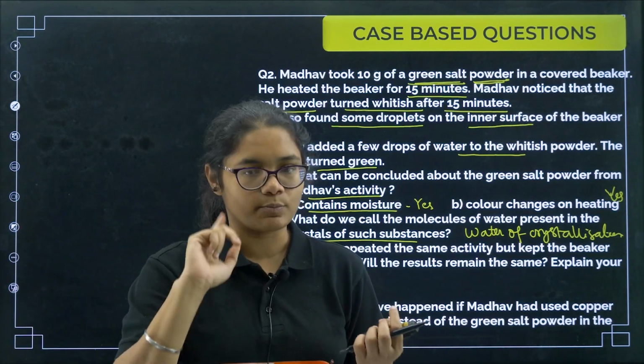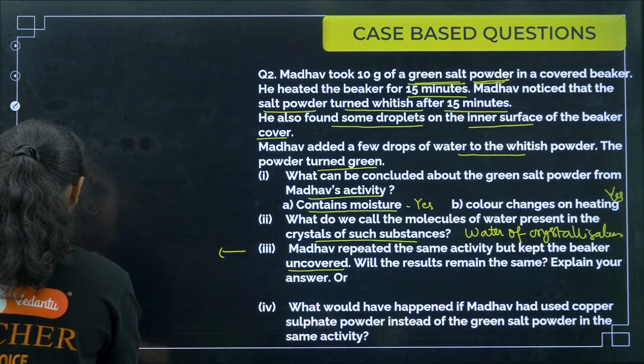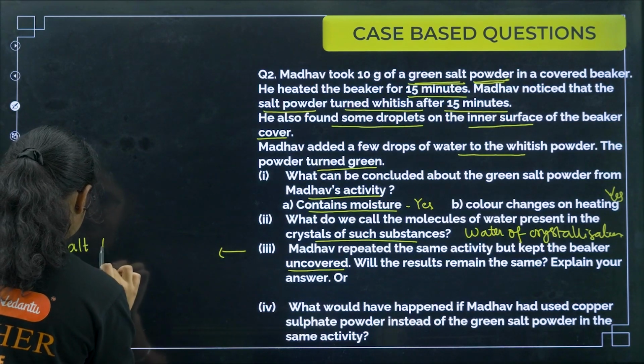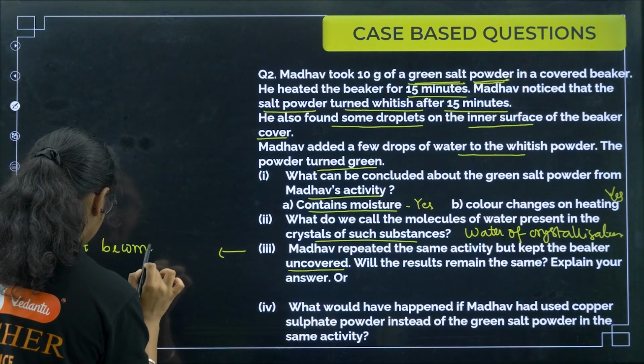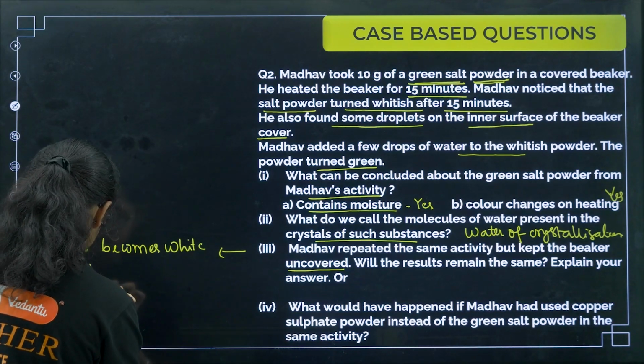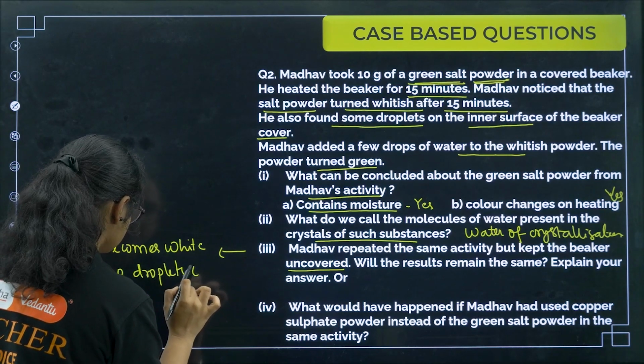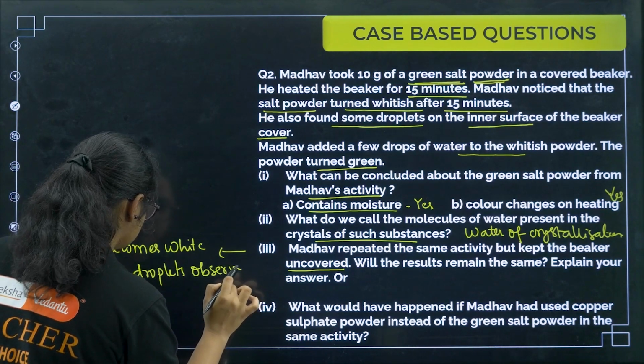You cannot find the droplets of water. So what will be the observation? The salt will become white, there is no doubt in that, but no droplets are observed because you have left the container open, so that will evaporate.